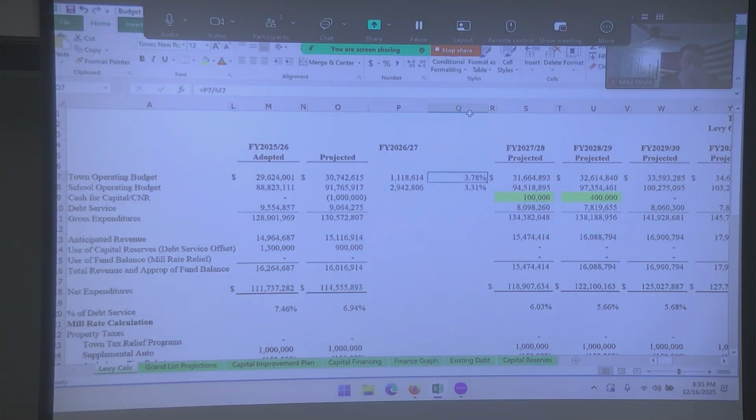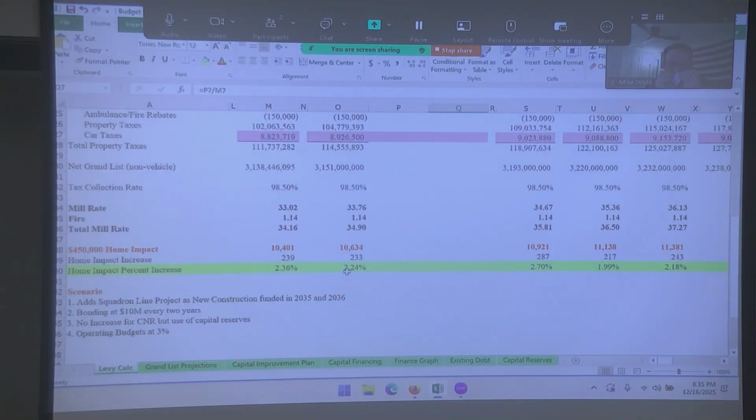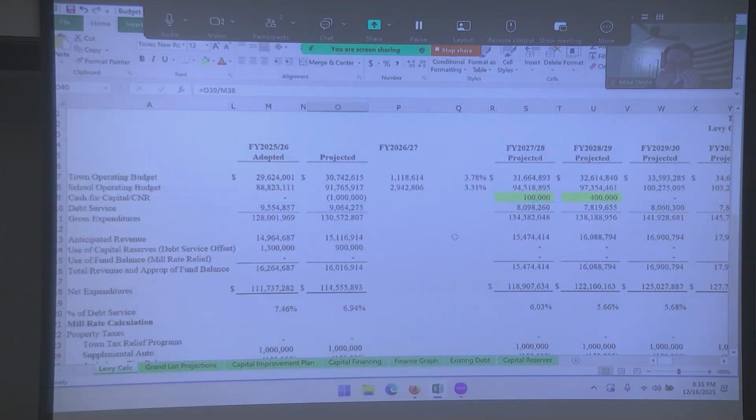So the town would be at 3.78 and the schools would be at 3.31. And what does that do to the tax increase down below? Brings you to 2.24. I think that's a good place to start.